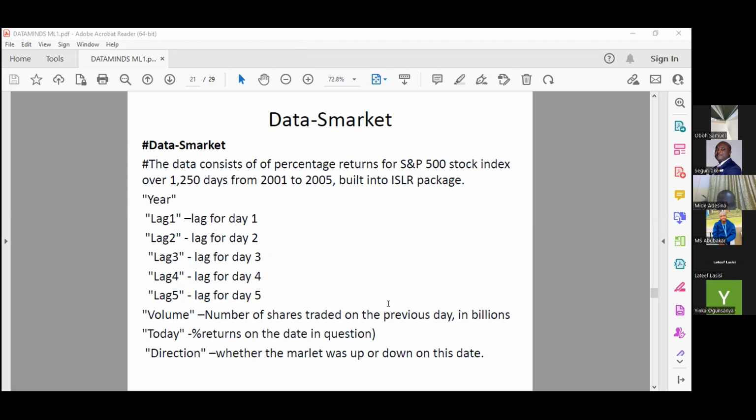I can see emoji, I can see format. Or can you send it to the platform? Okay, I'll do just that.